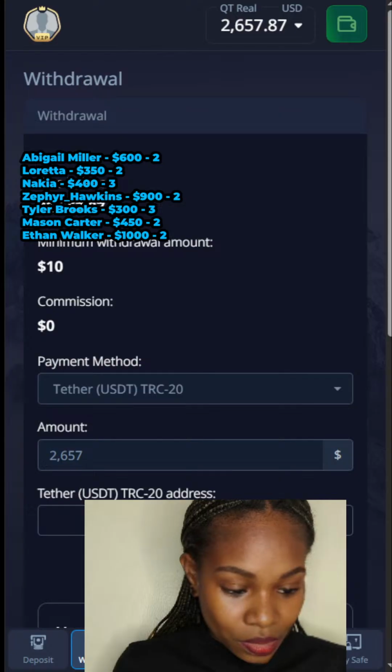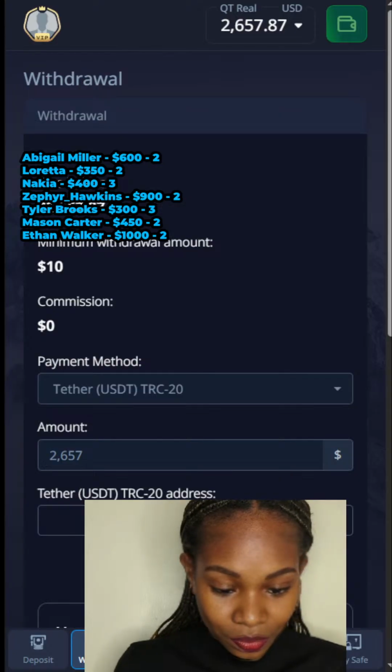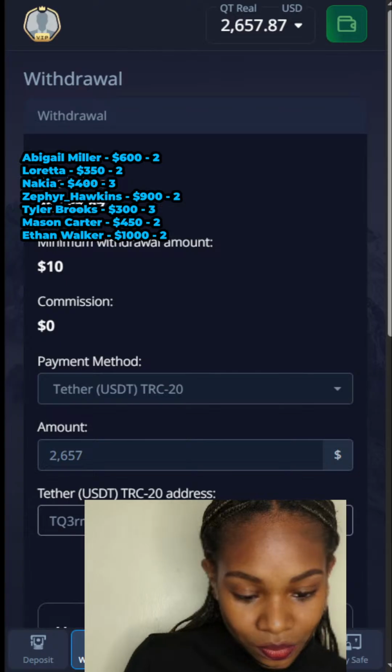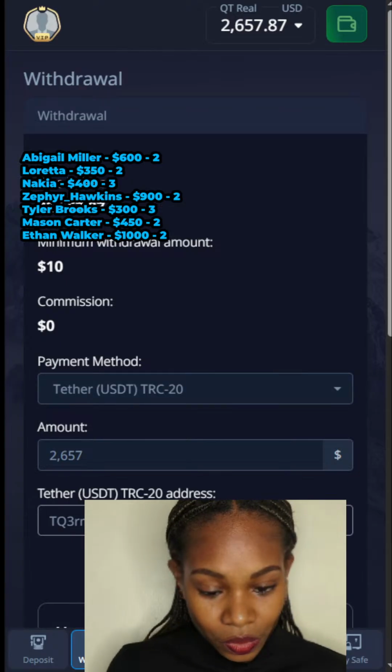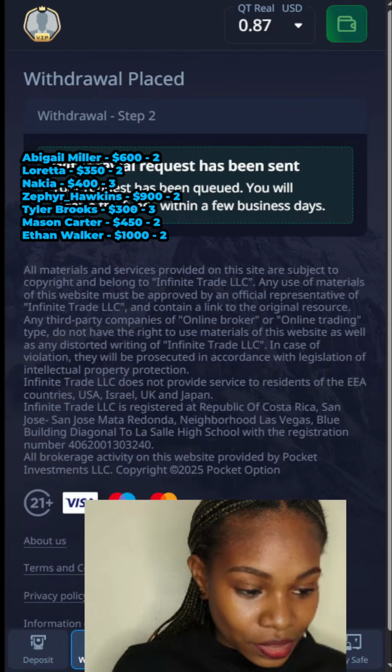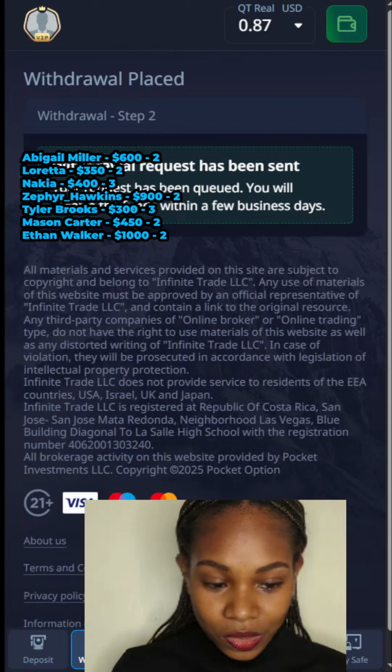Okay, so there we have it. The wallets for Nakia. Congratulations to you.